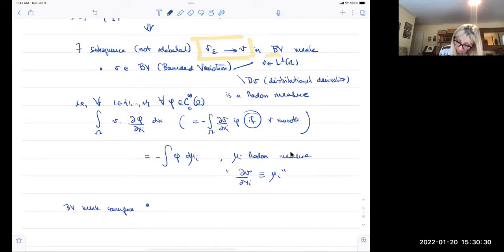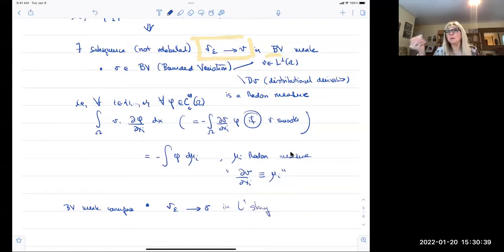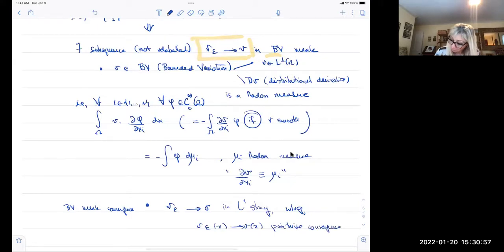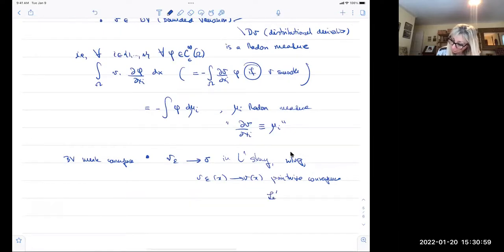First, that v_epsilon converges to v in L^1 strong, therefore, up to extracting a subsequence, without loss of generality, I may assume that I have pointwise convergence, because I have strong convergence in L^1, for almost every point in x.